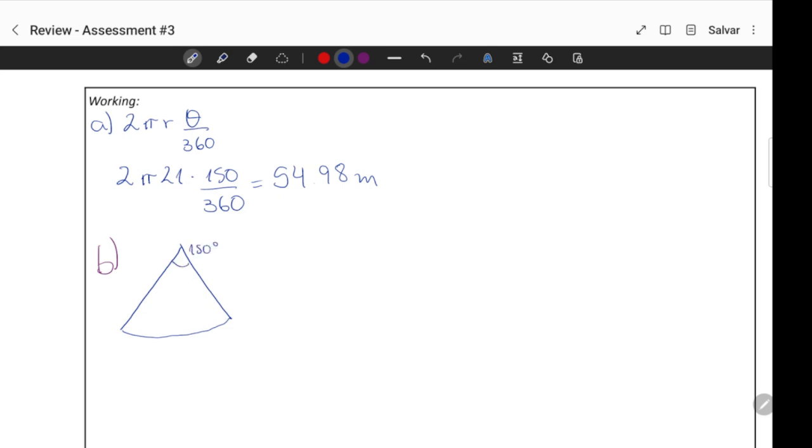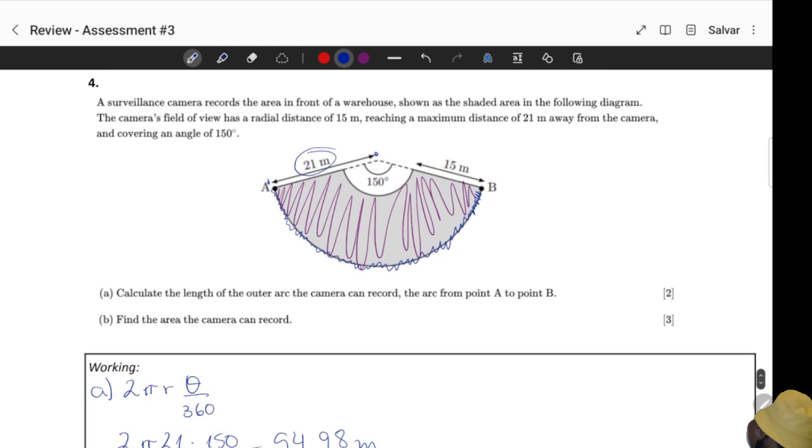I know this is 21, and this is everything. What do I need to remove? I need to remove the distance of this little post here. Minus what? Minus this small section here.